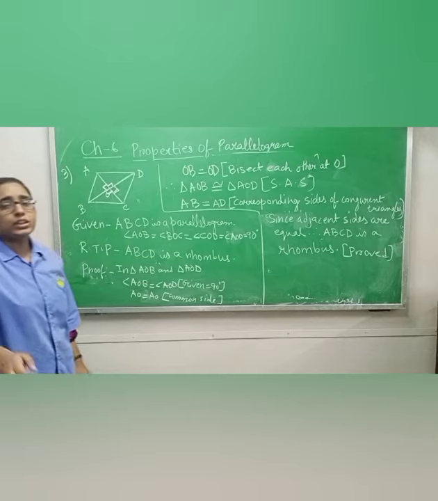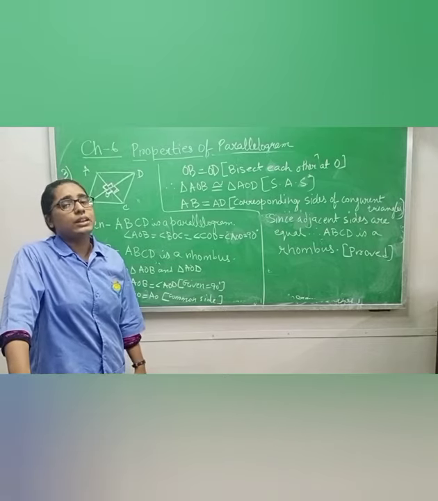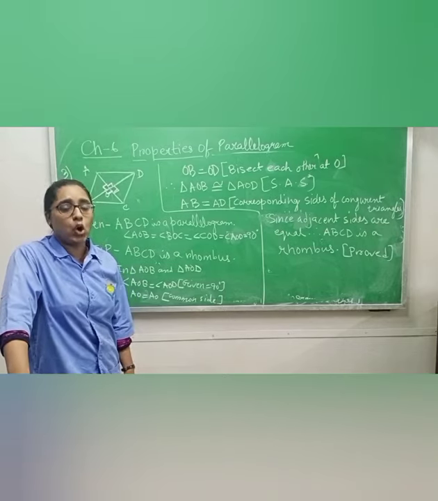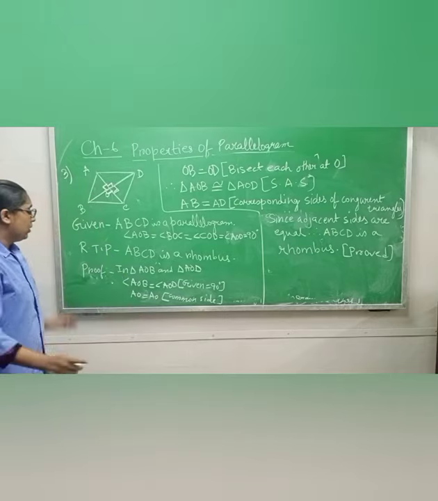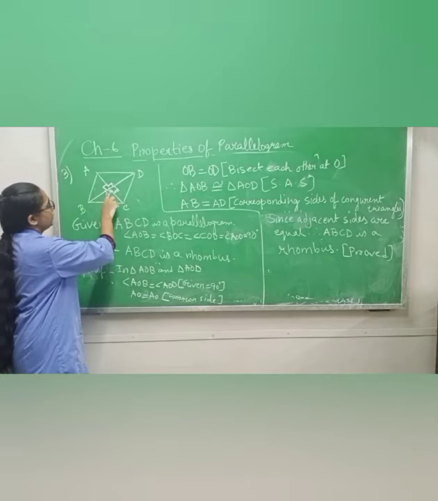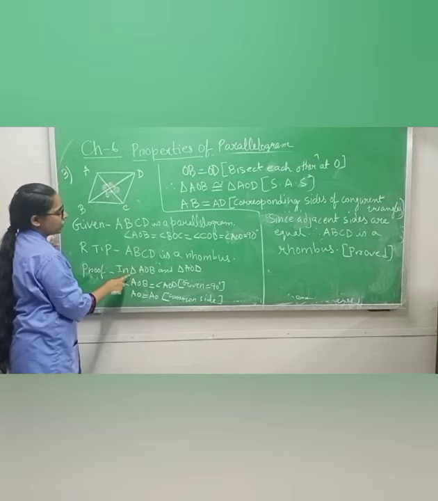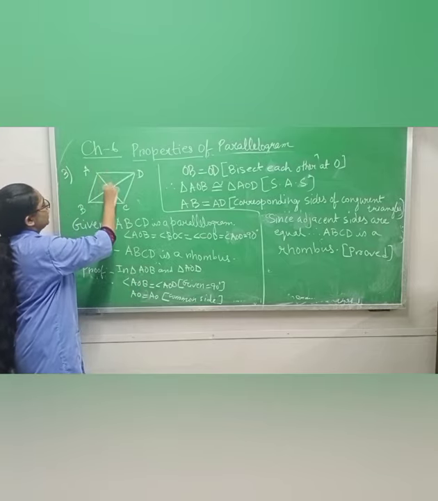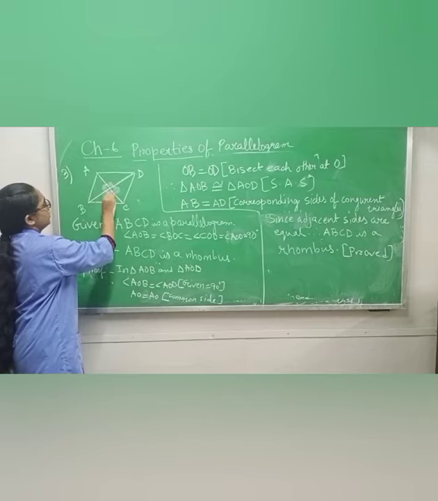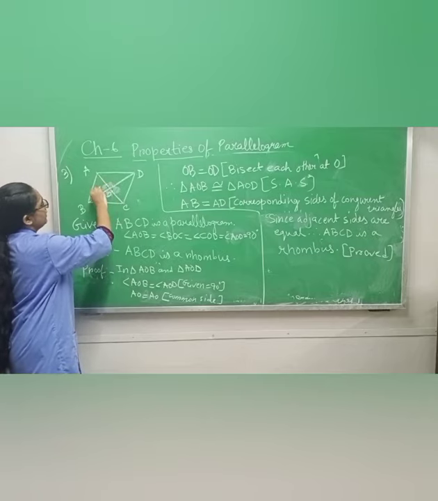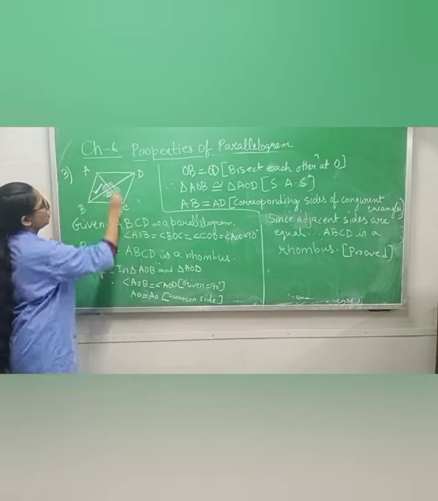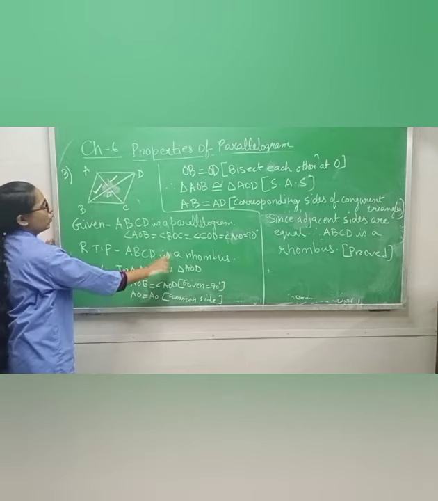Same thing. We will take two triangles and we will first prove that they are congruent. Which two triangles am I taking? Triangle AOB and triangle AOD.